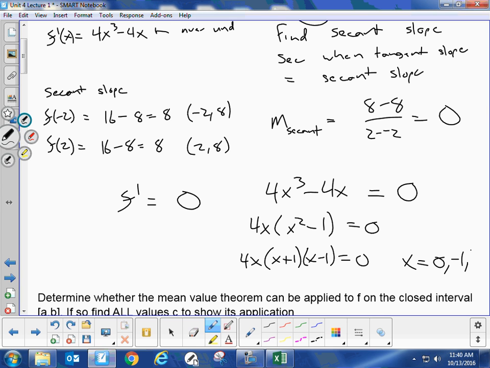And actually get 3 locations, 3 C's between -2 and 2. Okay. Let's do another one.